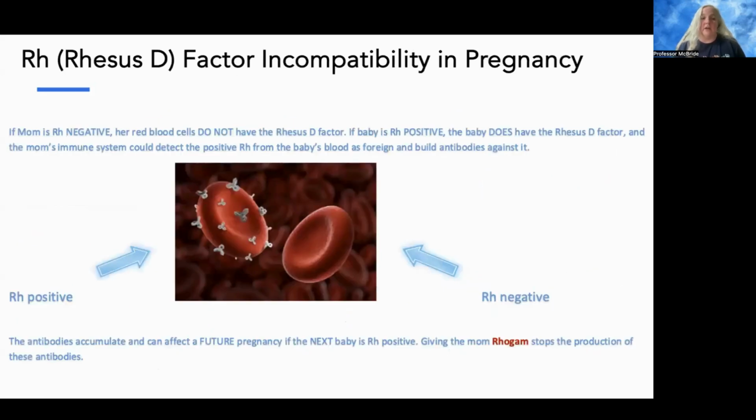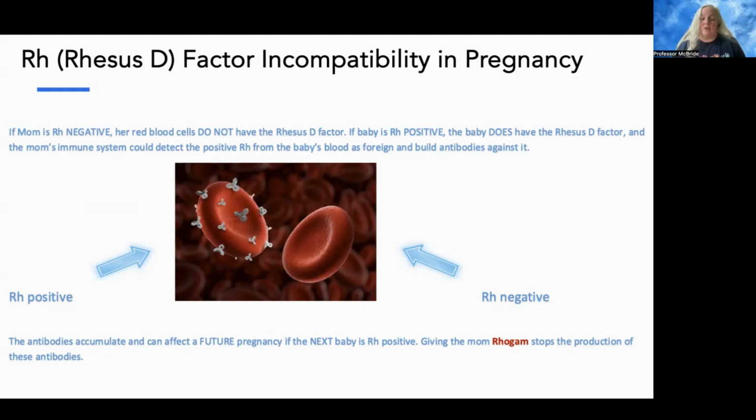So if the mom is Rh negative, like we just looked at, and her red blood cells don't have the Rh factor, the baby's positive and does have the Rh factor, the mom's immune system can detect the positive Rh from the baby's blood as foreign and build antibodies.